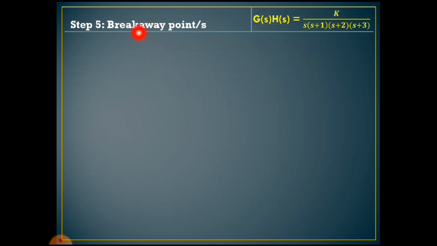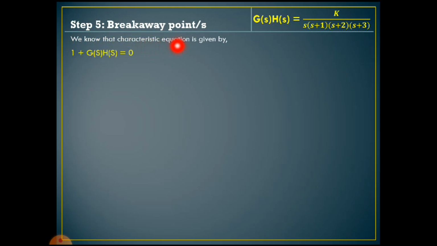Step 5 is finding breakaway points. We have already predicted that minimum there are 2 breakaway points. Now we have to find where exactly the breakaway point lies and whether there are more than 2. For that, first you have to consider the characteristic equation.